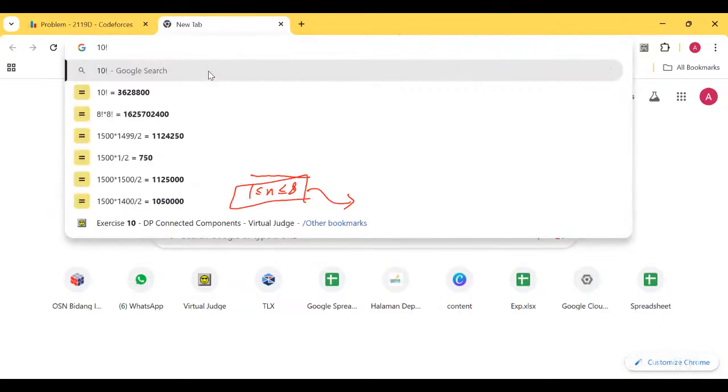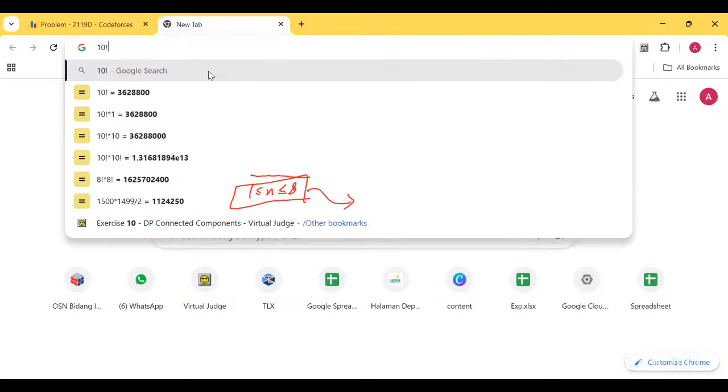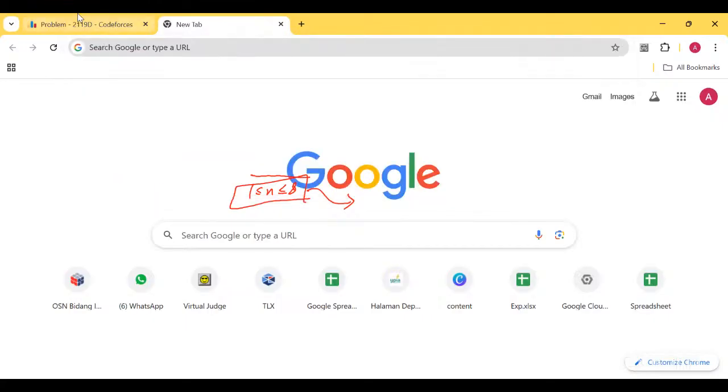How to check in just O(n)? How to get the score of an array in just O(n) complexity? For example, n is up to 10. So your complexity should be like this. Don't be like this. Okay. Any idea?